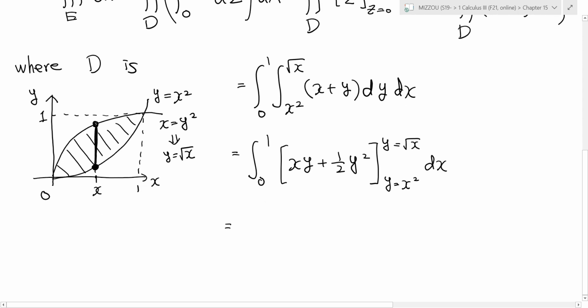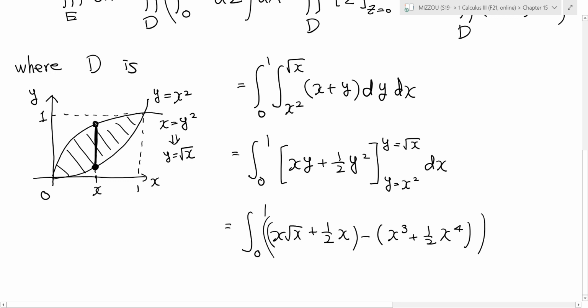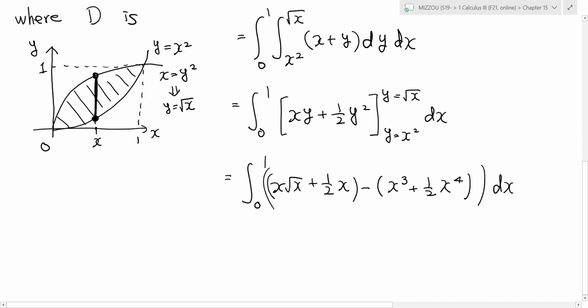And then this is equal to the integral from 0 to 1 of x root x plus 1/2 x minus x cubed plus 1/2 x to the power 4, dx. It looks complicated, but I don't think there's any simpler way of doing this. And then if you just calculate this, you are supposed to get 3/10. Okay, so that's the answer.